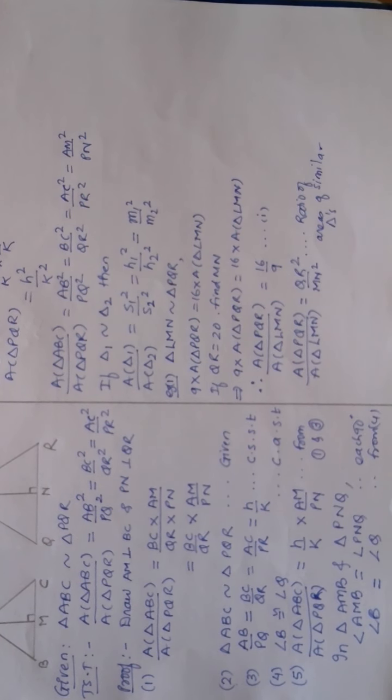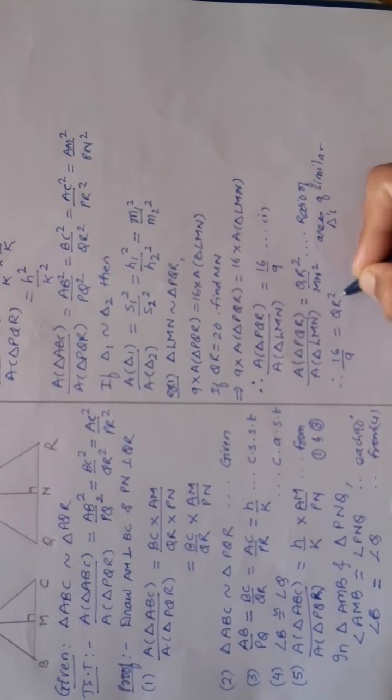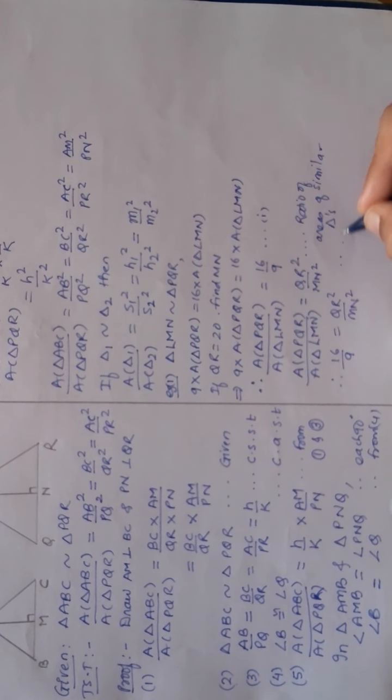Okay. Now already from the first part, the ratio of areas is told as 16:9. So you will get the area of triangle PQR to LMN as 16:9, which is QR square is to MN square. This has come from the first. Now the given part says QR is already 20.